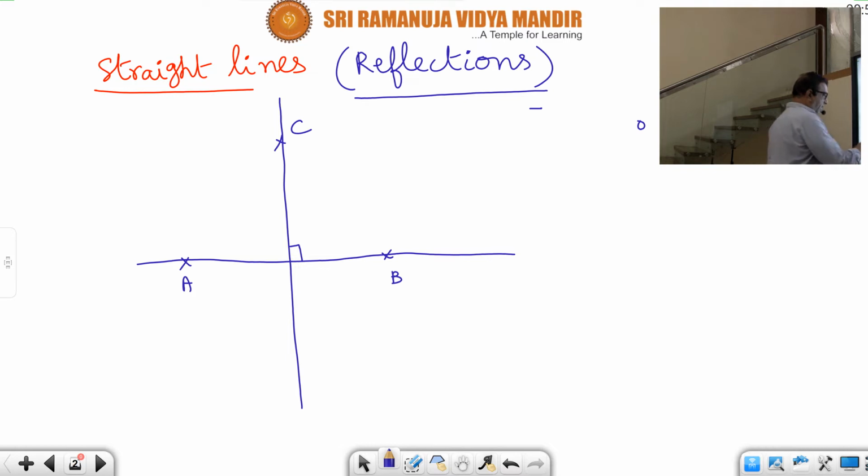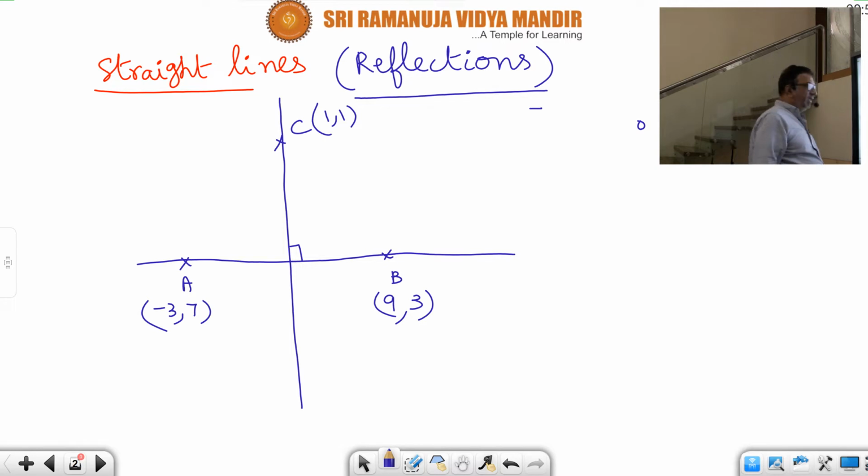So here A is -3, 7, B is 9, 3, and this point C is 1, 1.